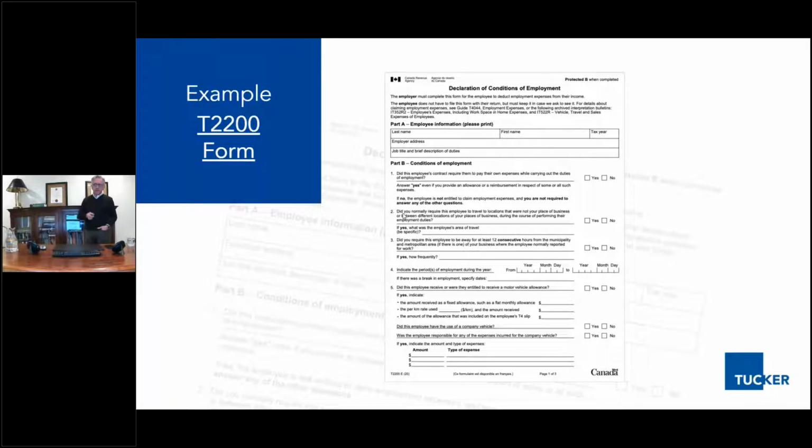They can do it 3 ways. One is an informal process, which is based on not getting any kind of verification from your employer. It's a straight $2 a day up to 200 days, and you can claim this amount on your tax return. That's the first most simple way for people to get some relief from having worked at home.